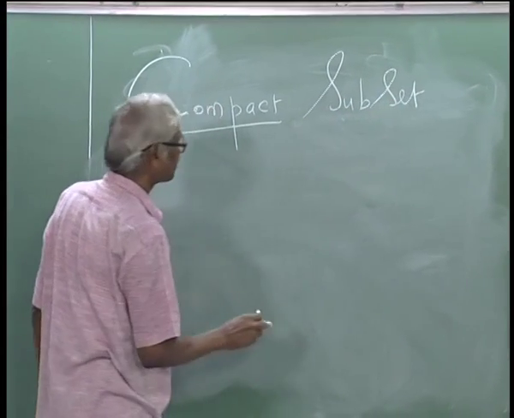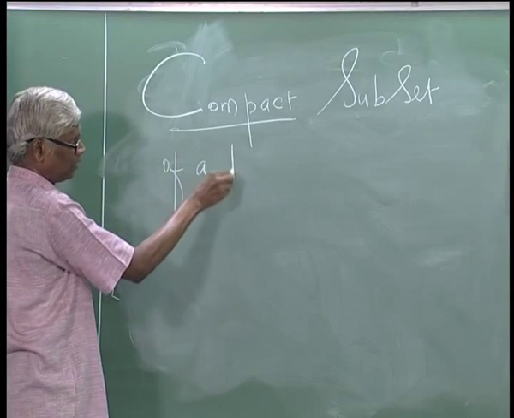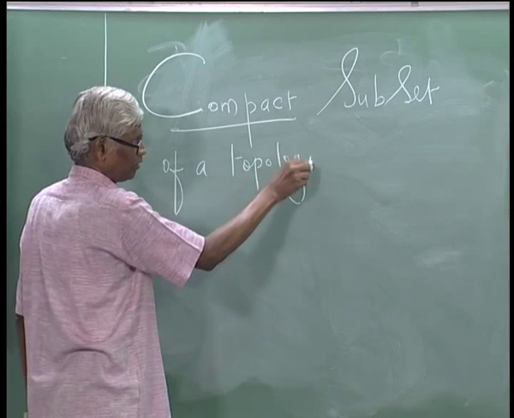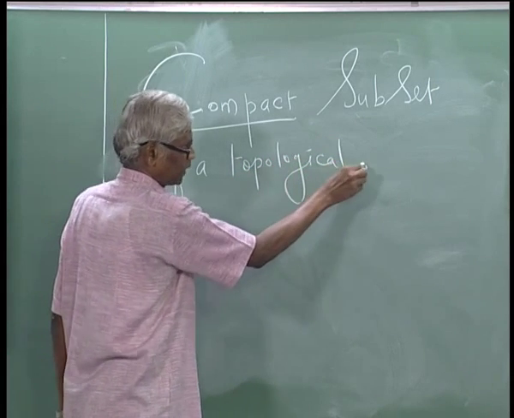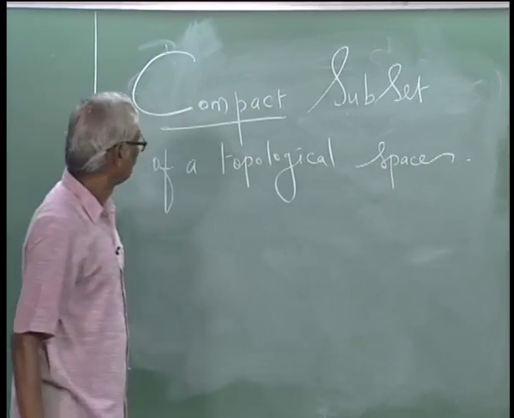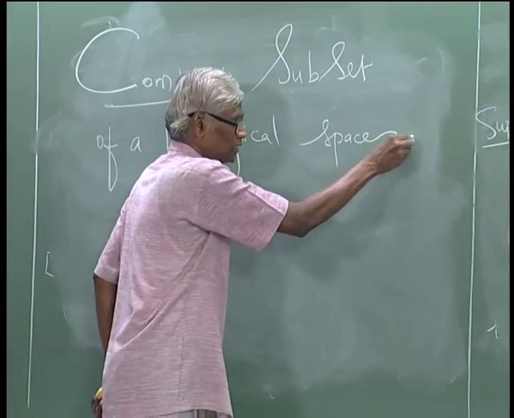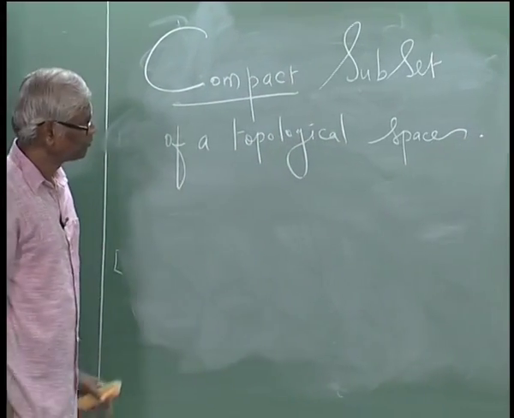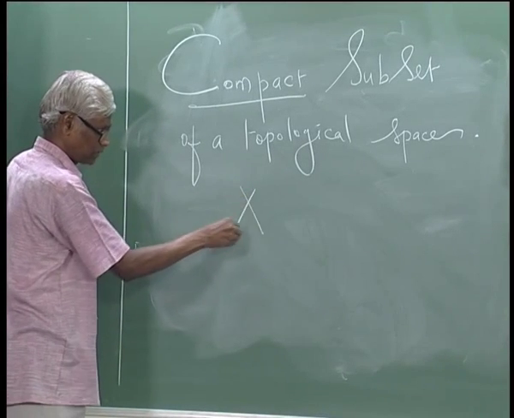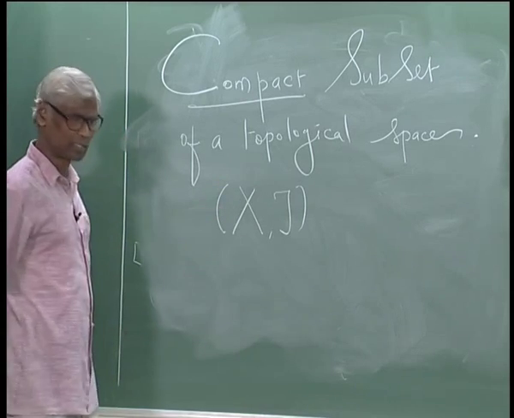What do you mean by a compact subset of a topological space? Compact subset of a topological space. So here we have a topological space X, tau.